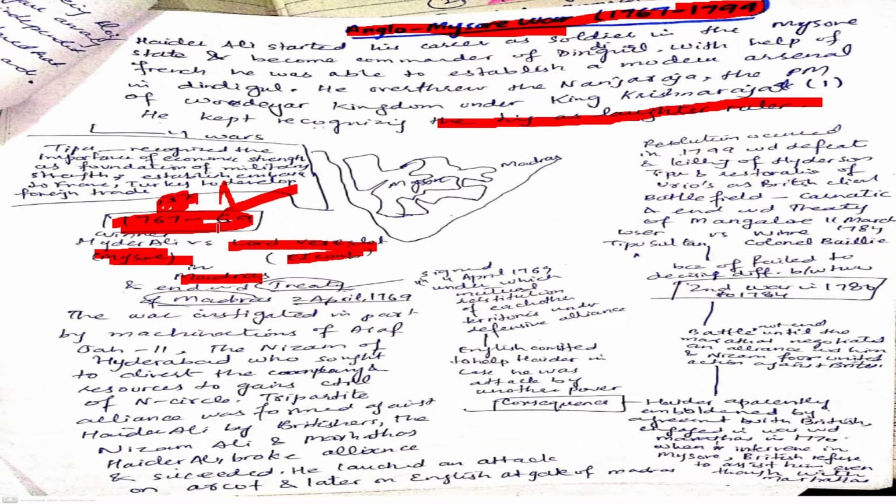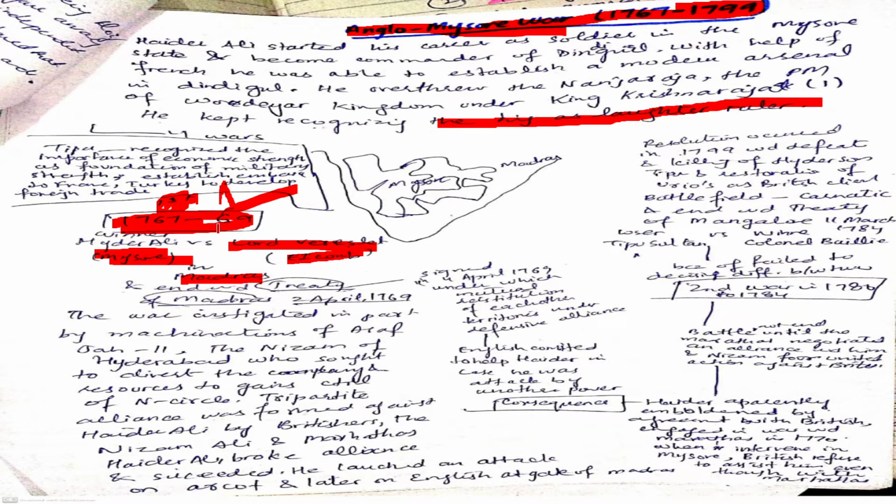He launched an attack on Arcot and later on the British at the Gate of Madras. After the Gate of Madras was attacked, the Treaty of Madras was signed between the British and Hyder Ali of Mysore in April 1769.